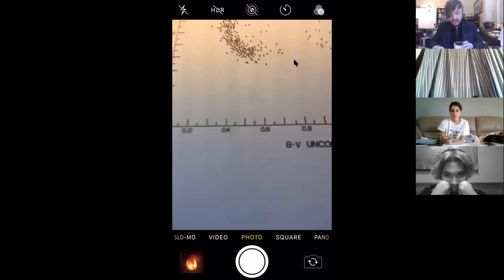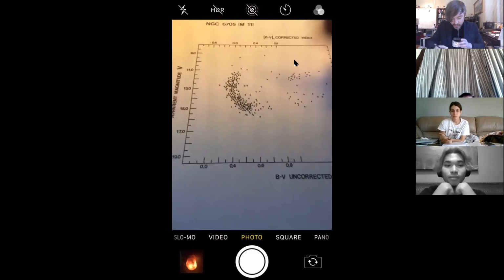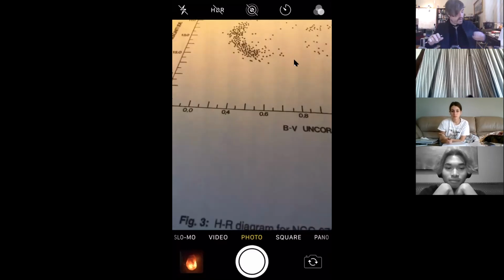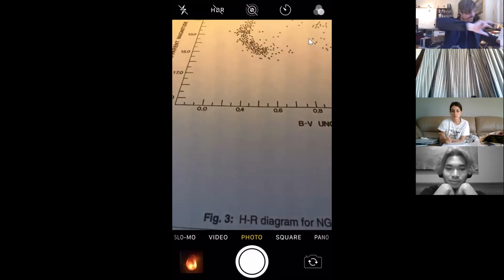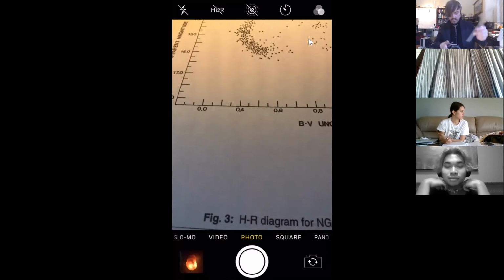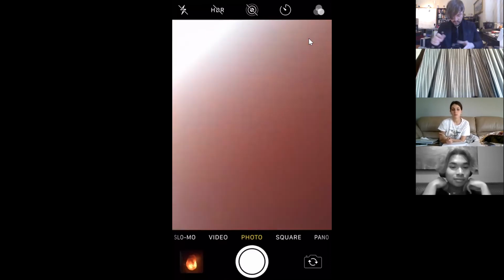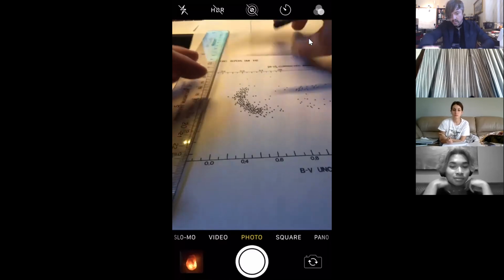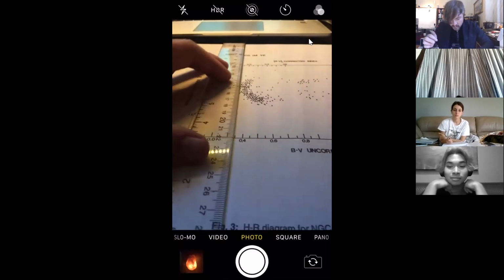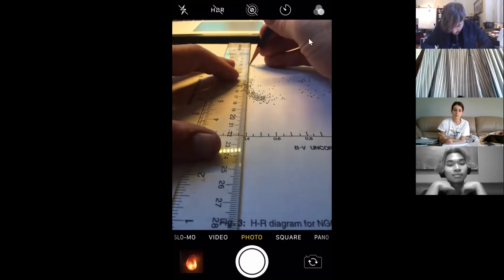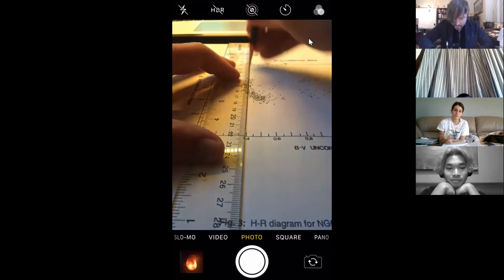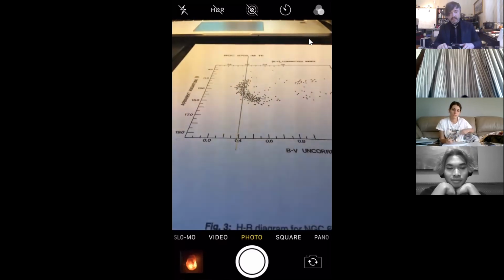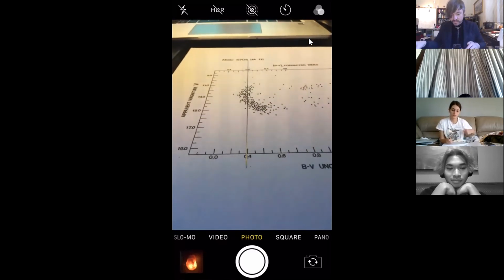Okay. First thing I need to do is draw a line from the corrected index to the uncorrected index. So let me get my ruler, which is here. I'm starting at the top with the corrected index at 0. That line is going to be used to fit my main sequence.